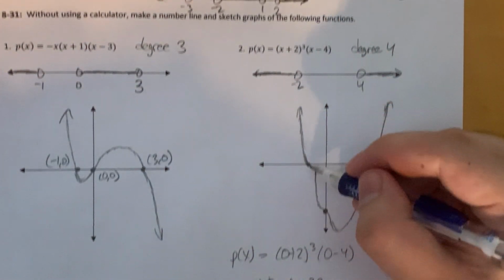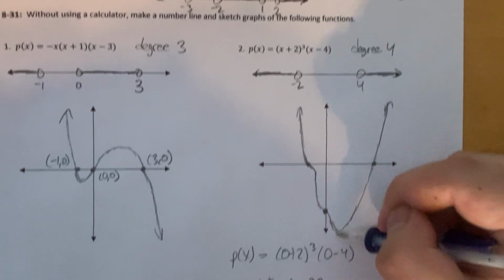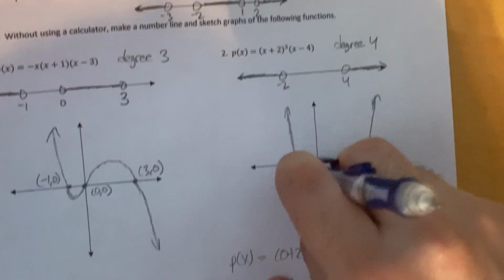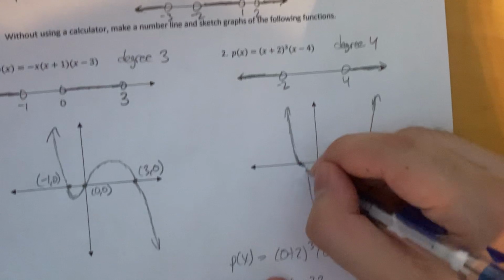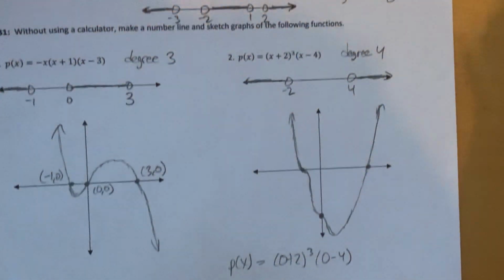So I have 1, 2, 3, and then 4 when it goes back up. So it's going to look something like that.